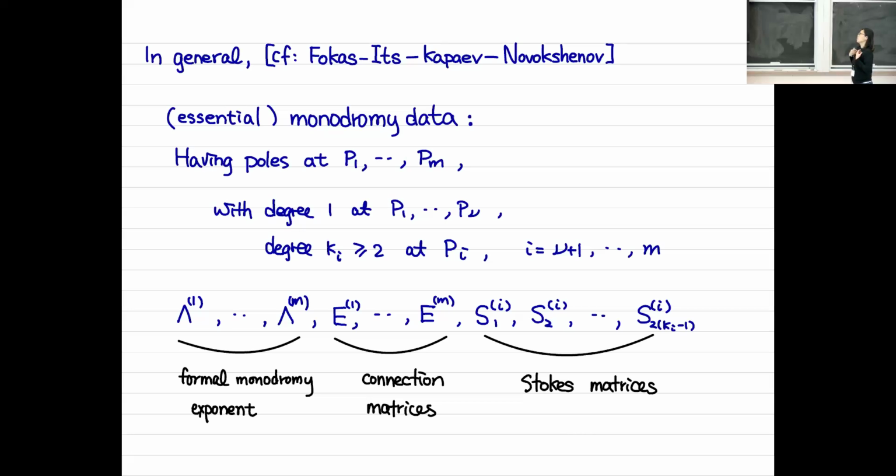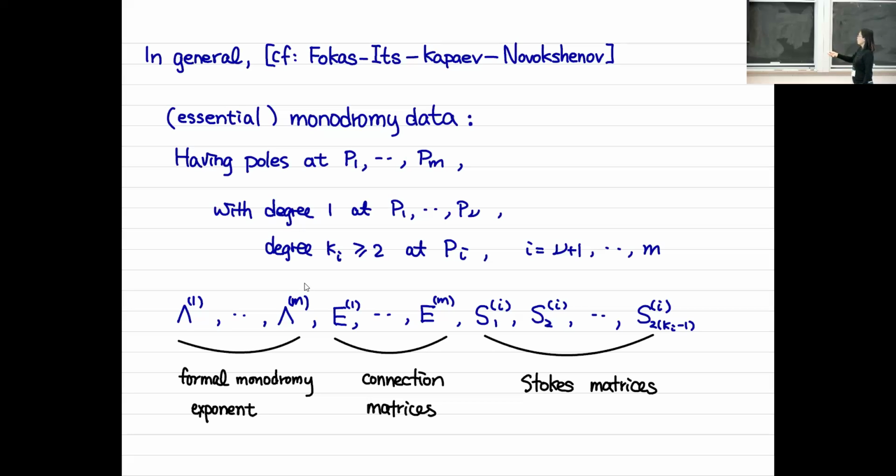So if it's just smooth, then you just consider the holonomy, which is like going around the generators of the fundamental group of the underlying surface. Now, if you have poles, then suppose you number them as such. Let's say you have n different poles, then you number the first ones as the degree 1 poles. If it's degree 1, then you only have monodromy, the formal monodromy exponent.